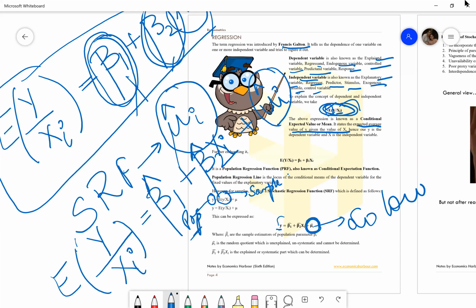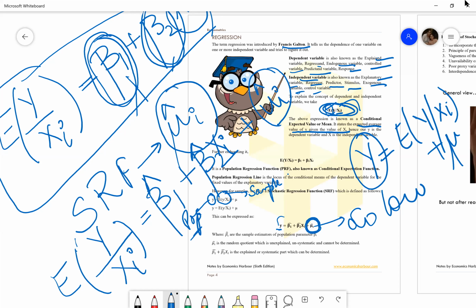Small y means it is from the population. Don't go in for the capital Y or small y. It means one and the same thing. Y is your population and E(y/xi) is your sample. So I can write either way, capital Y or small, but these two should be the same. Right. I don't need to confuse myself: this is the population and this is the sample.